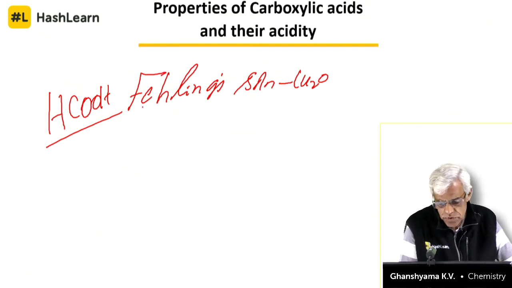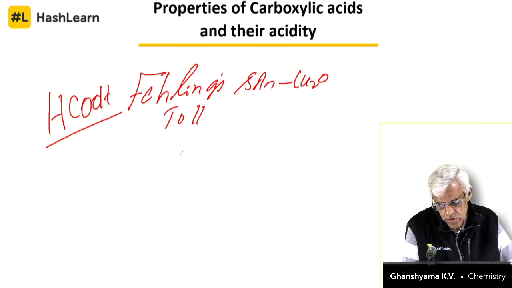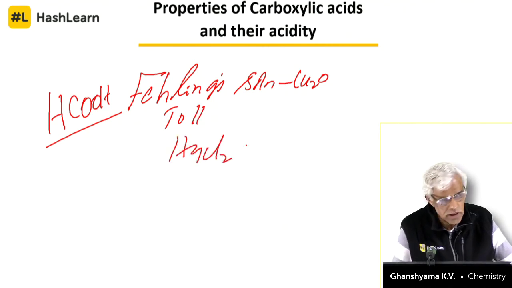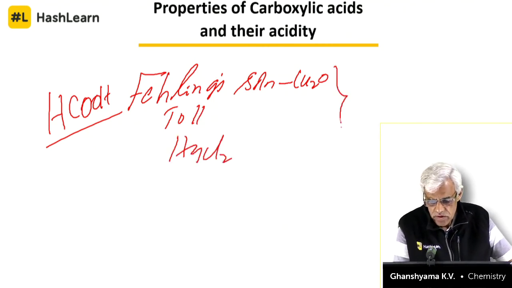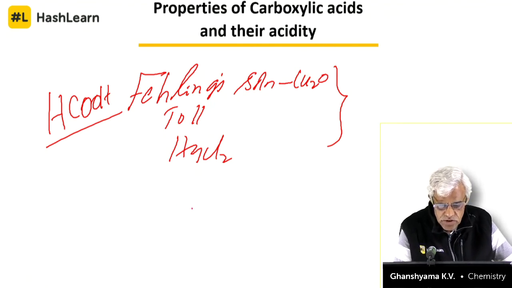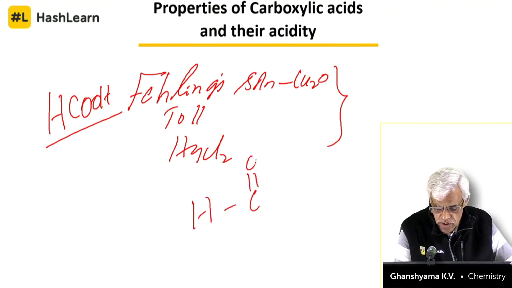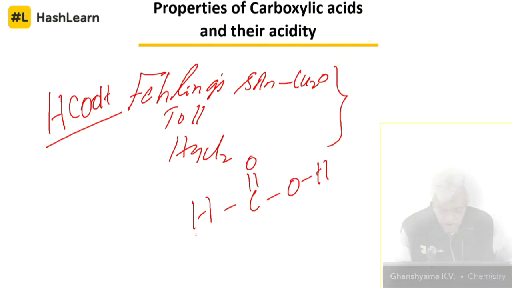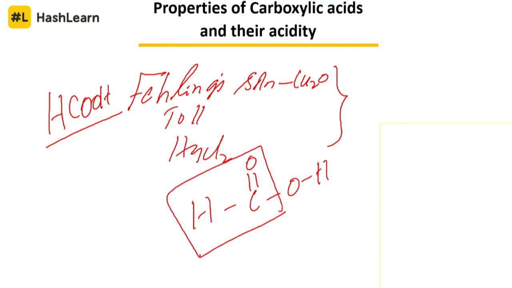It reduces Tollens' reagent, it reduces mercuric chloride, because if you write the structure of HCOOH, it has an aldehyde group also. So, HCOOH is an exception. It has the dual nature of aldehyde and carboxylic acid.